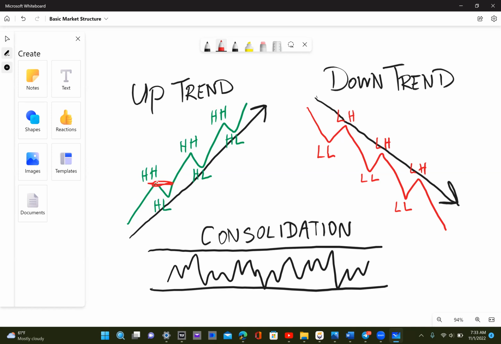It goes up, makes this high, comes down, makes a higher low, and then boom, it breaks this previous high and forms a new high. Once it breaks the previous high, it's called a break of structure. As you can see, we have break of structure here as well, and here as well. Sometimes you're going to see me label that on the chart as BOS. All that means is break of structure.